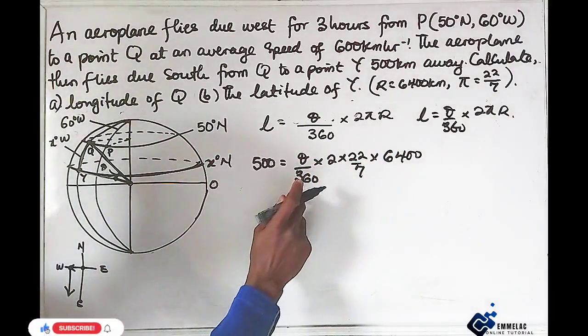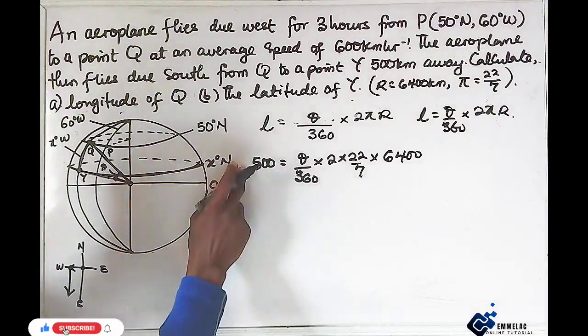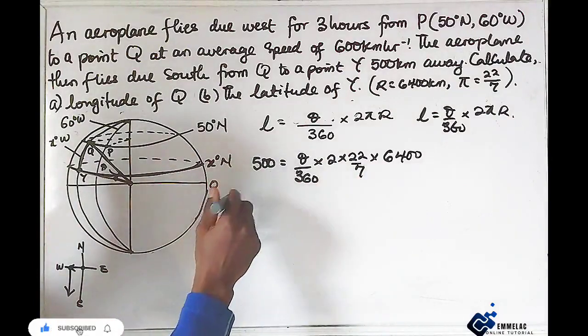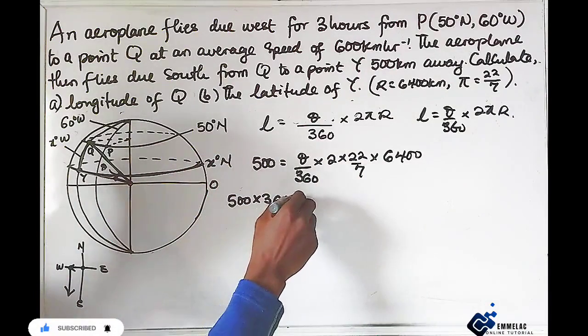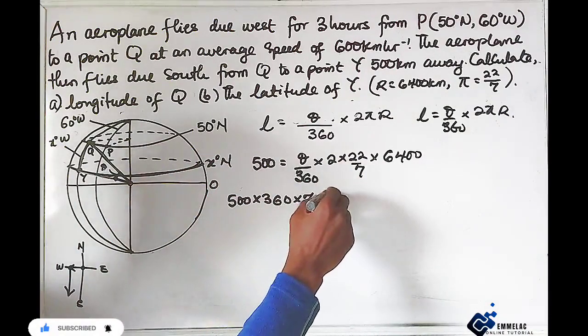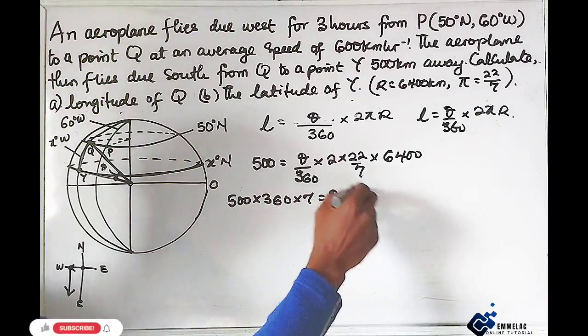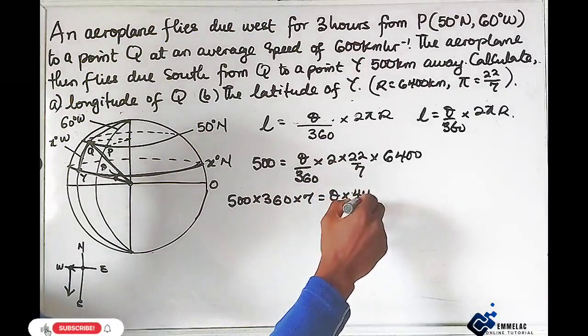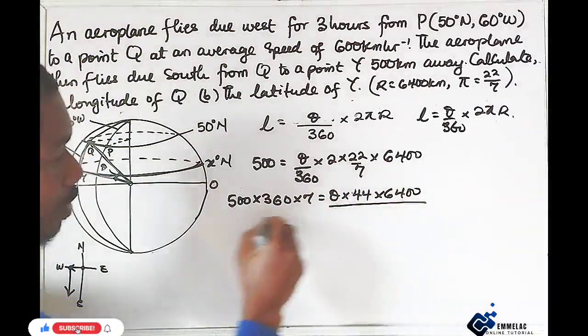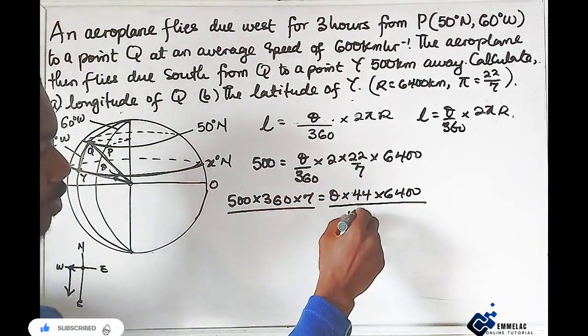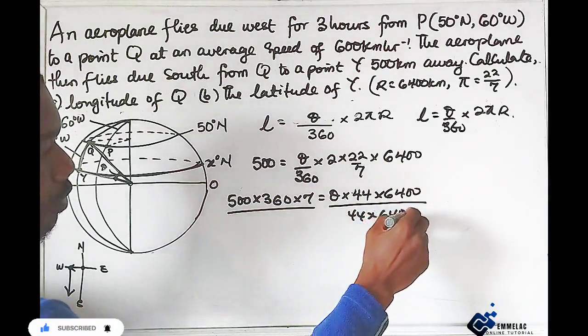Now 360 and 7 come over because we will be cross multiplying, so here you have 500 times 360 times 7 equals theta times 44, 2 times 22, that will be 44 times 6,400.